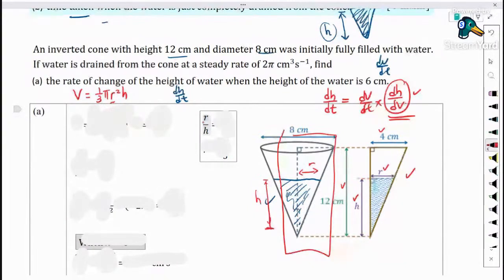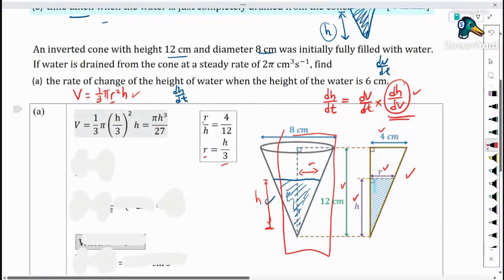So R divided by H should be 4 over 12, and therefore R equals H over 3. Now substitute the R in this formula with H over 3. I have the volume equals 1/3 pi R squared, which is H over 3 squared, multiplied by H. Simplify the answer, and I have pi H to the power 3 over 27.